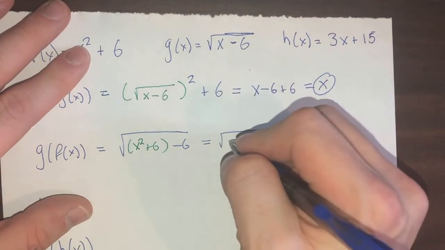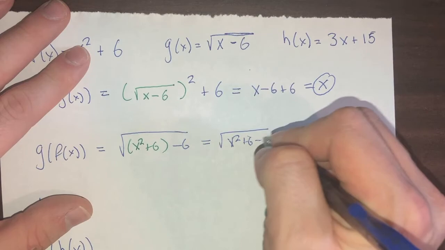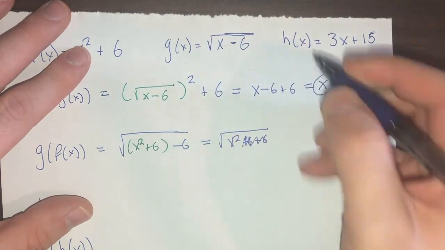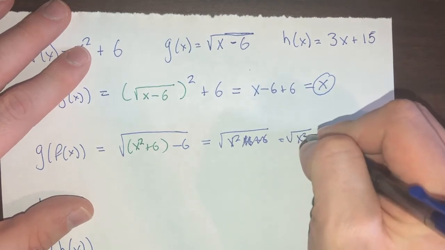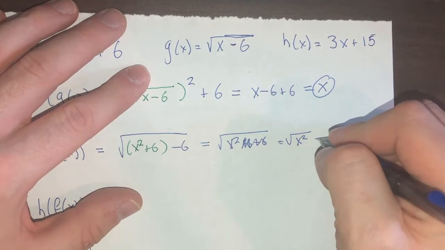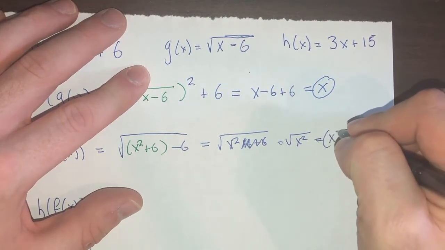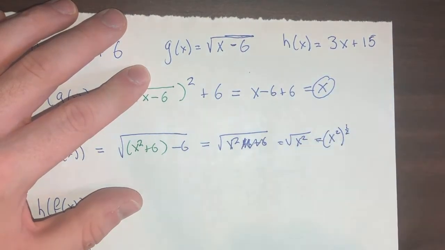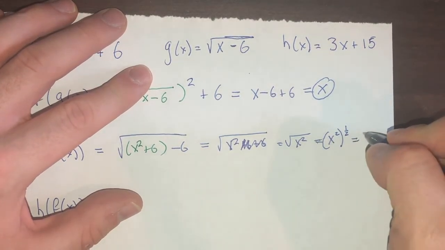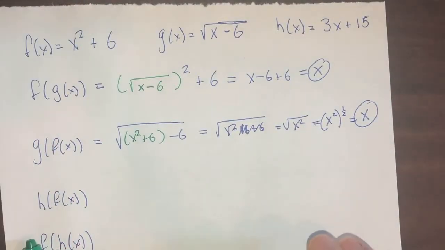First of all, I can just peel off those parentheses, since they're not being multiplied by anything, and I get the square root of x squared. And the square root of x squared is just equal to x squared to the 1/2, if we think about it with rational exponents, and then the 2 and the 1/2 cancel out, and I get x.